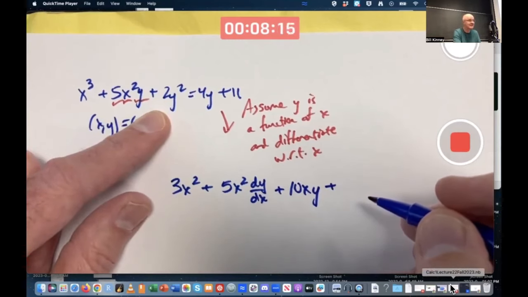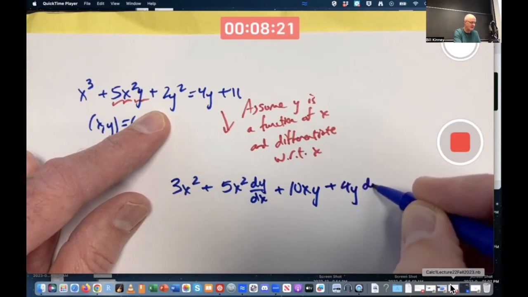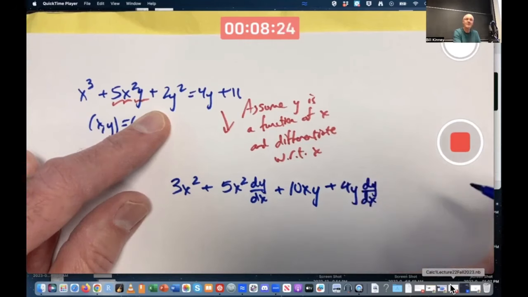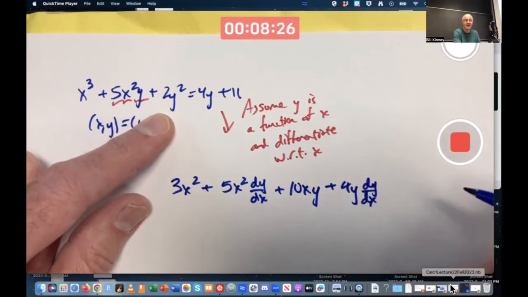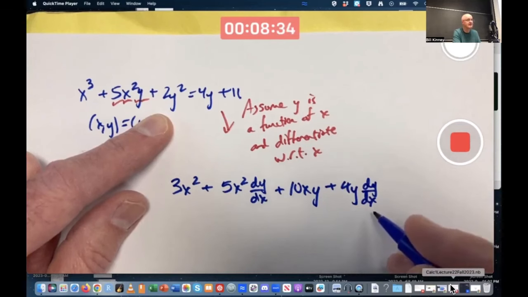The derivative with respect to x is not 0. It's not 4y. It's 4y times dy/dx. If I had an f of x there instead of a y, 2 times f of x quantity squared, I get 4 times f of x times f prime of x. And again, there's nothing wrong with doing it that way. It's just not traditional.